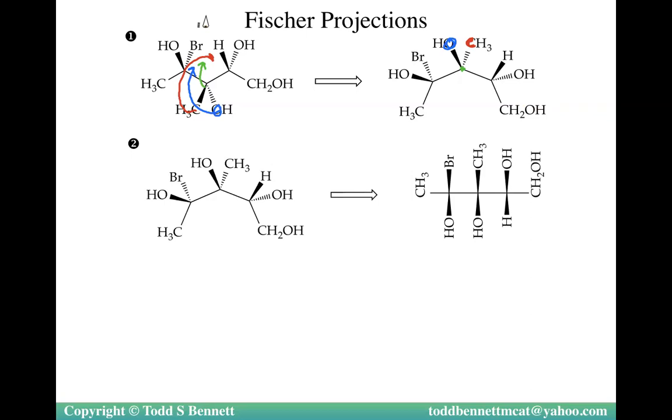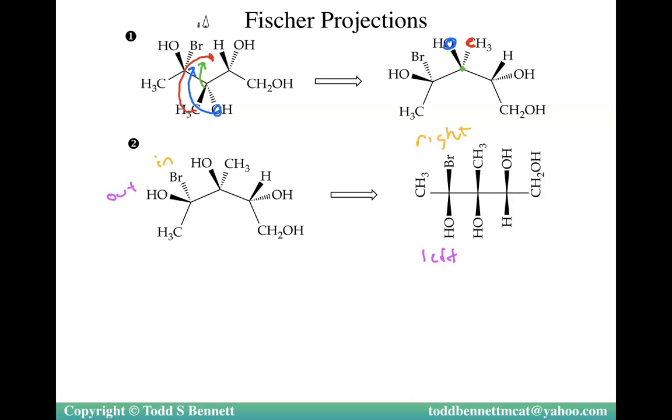So when I squish it, this is going to get stomped into this CH3 being here. This OH, if it's out, it's going to be on the left. This Br is in, so it's going to be on the right.